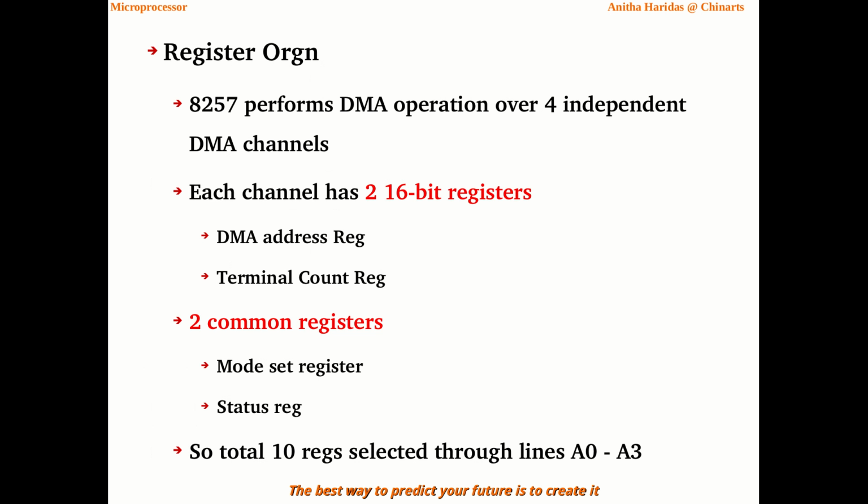Okay. So now we are going to talk about the register organization that is used in 8257. So 8257 performs the DMA operation on 4 different independent DMA channels, and each channel has 2 16-bit registers. What are they?